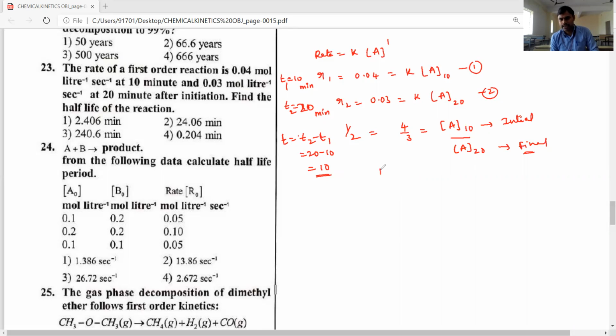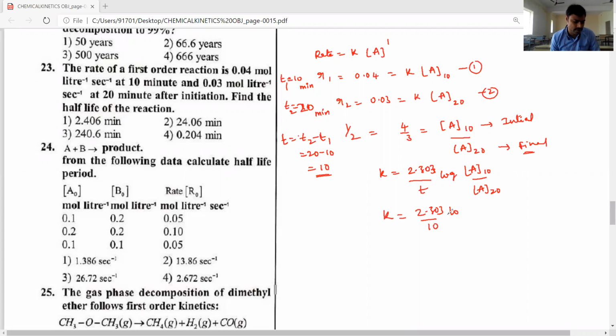For this, K is equal to 2.303 by T into log of the concentration of A at 10 minutes by the concentration of A at 20 minutes. Then K is equal to 2.303 by 10 into log 4 by 3. The time is 10 minutes.